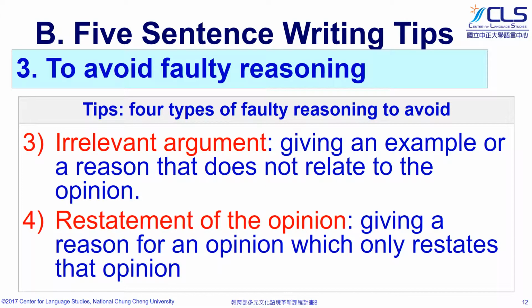And the next 2 types of faulty reasoning are irrelevant argument and the restatement of the opinion. While irrelevant argument gives an example or a reason that does not relate to the opinion, in the restatement of the opinion, a reason given only restates that opinion.